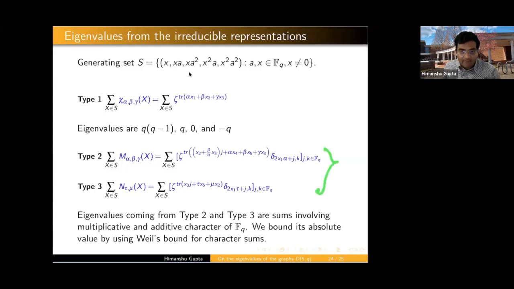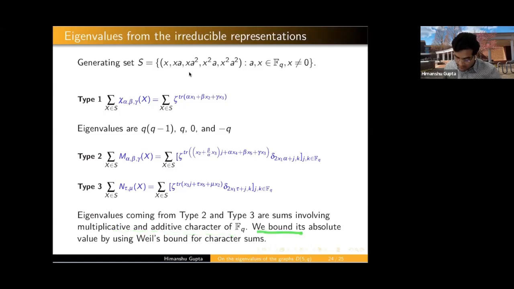Once we have that, we can find the expression for the eigenvalues of these matrices. Those eigenvalues are sums involving multiplicative and additive characters of Fq. We do not explicitly know the eigenvalue; what we have is an expression for each eigenvalue, which is a sum of characters of Fq.